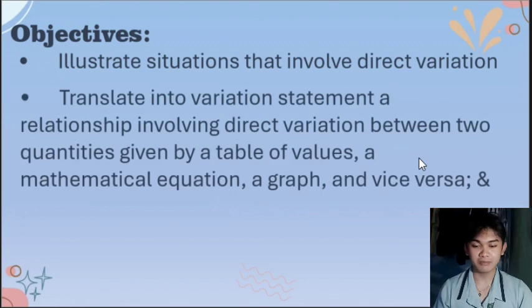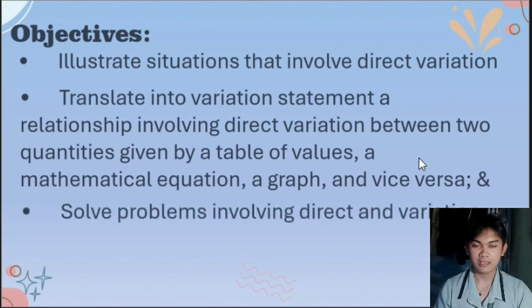Second, translate into variation statement a relationship involving direct variation between 2 quantities given by a table of values, a mathematical equation, a graph, and vice versa. And the third one, solve problems involving direct variation.